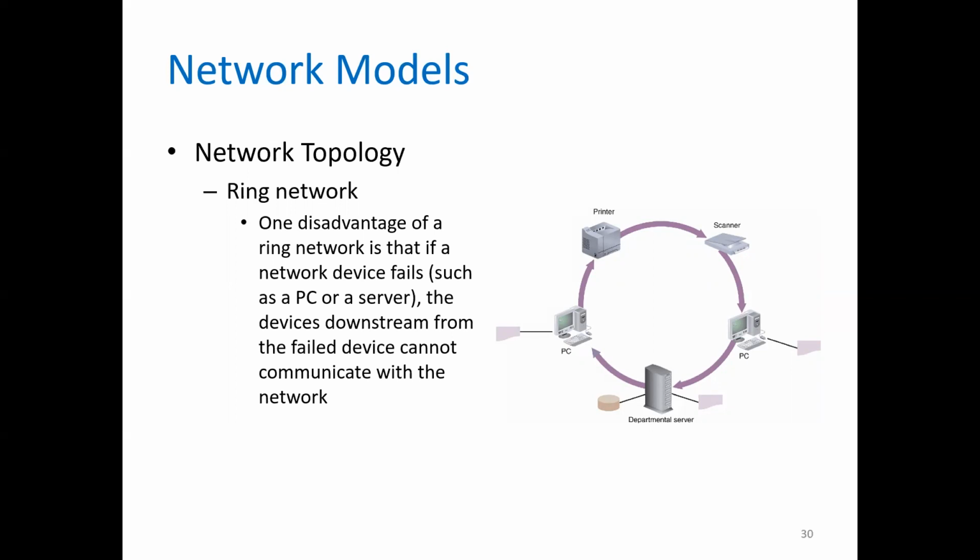The advantage of ring network is that it has a higher transfer rate, it is cheap to install, and has minimum collision. The disadvantage is that in a ring network, if a network device fails, such as a PC or a server, the devices downstream from the failed device cannot communicate with the network.